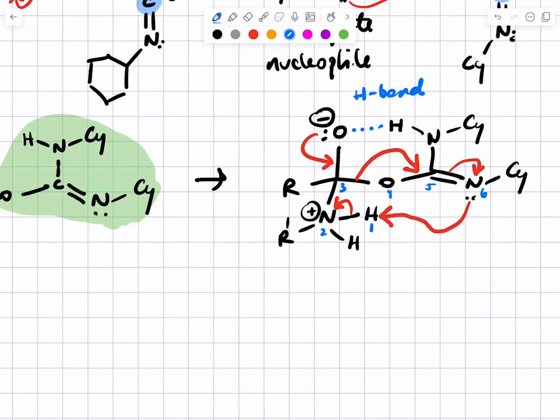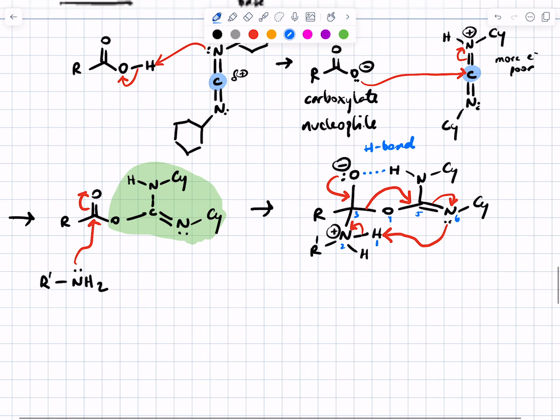So it's pretty reasonable to propose that nitrogen 6, as it's leaving, reaches back and pulls the proton off the positively charged nitrogen. Your text doesn't show that, mostly because they didn't want to figure out, I presume, how to draw such a lovely picture as I have just drawn for you. And you've got it here.